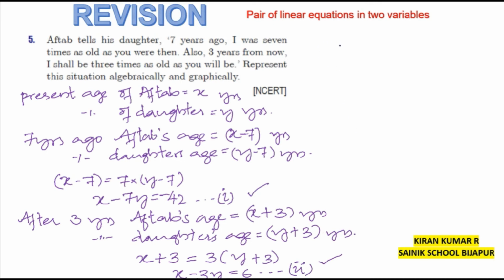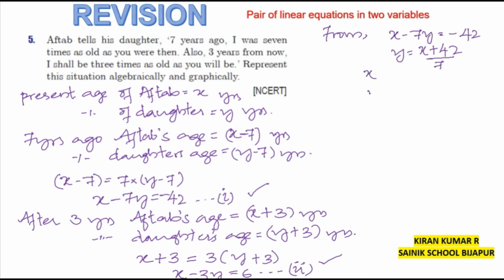Now we have to graphically represent these situations. For that, I need x and y coordinates. Let me consider the equation x minus 7y equal to minus 42. y will become equal to (x plus 42) upon 7.